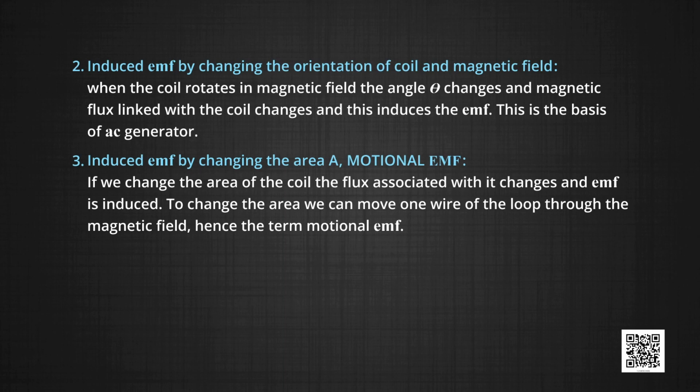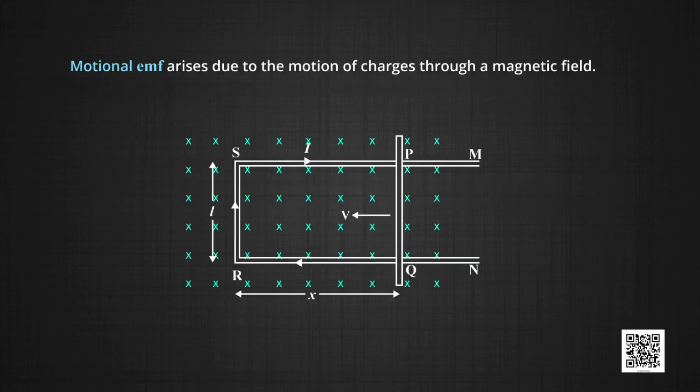To change the area, we can move one wire of the loop through the magnetic field, hence the term motional EMF. Motional EMF arises due to the motion of charges through a magnetic field. Let us see how.